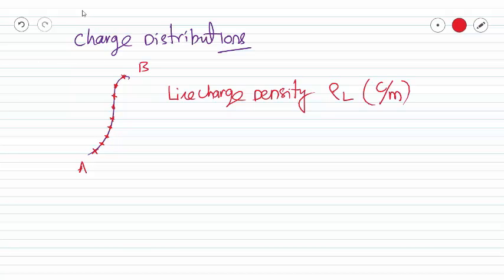Why coulomb per meter? Because we are calling it line charge density. The dimension of a line is its length, so length has units of meters. So for a charge distributed over a line, the parameter used is line charge density, denoted by rho L, coulomb per meter.